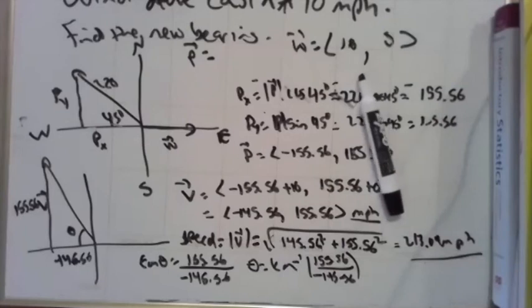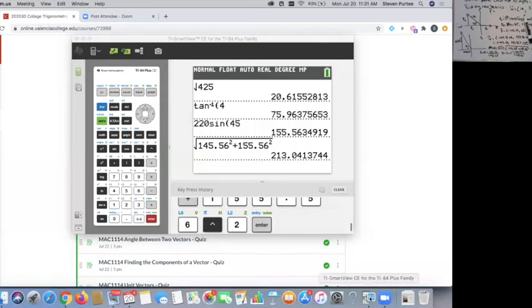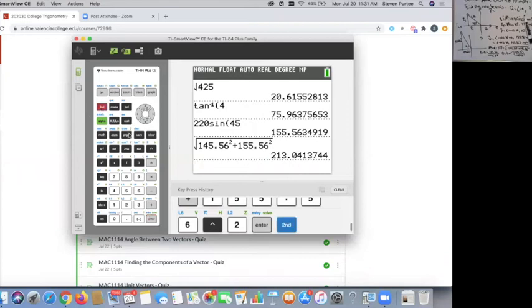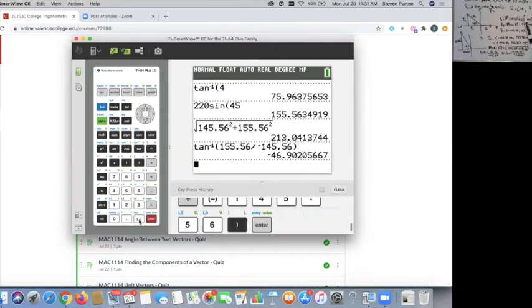So I'm going to type that in. Here, I'll pull up the screen. So I'm doing inverse tangent of 155.56 divided by negative 145.56. I get negative 46.9 degrees.